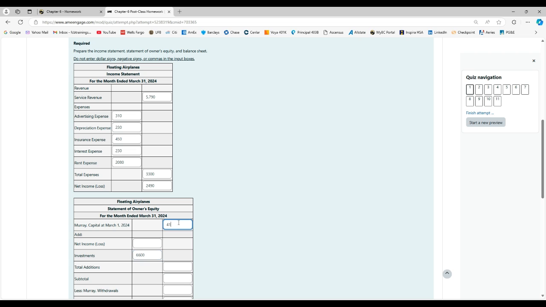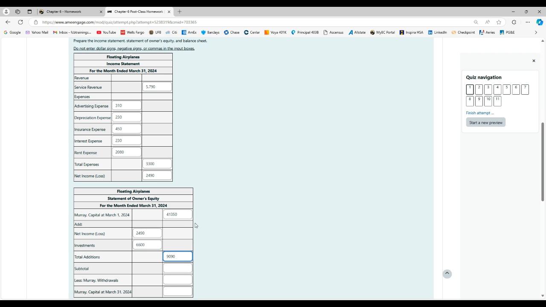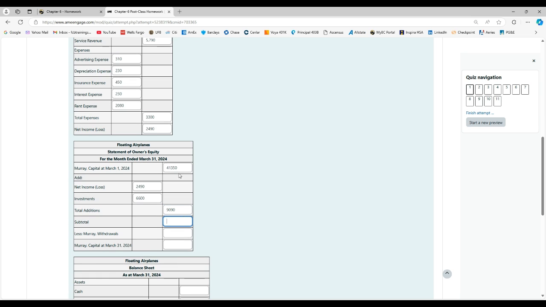So I'm going to put 41,350. We have our net income from above. We're going to do a quick 2,490 plus 6,600, which gets us 9,090. And so we're going to take the beginning balance of capital plus the 9,090, which I show as 50,440.